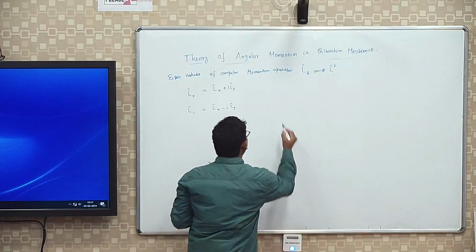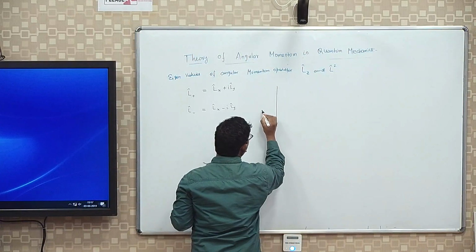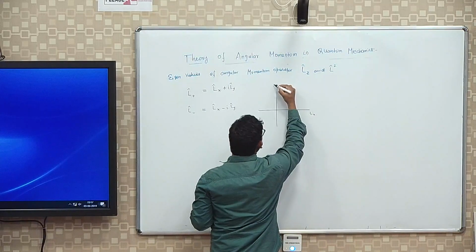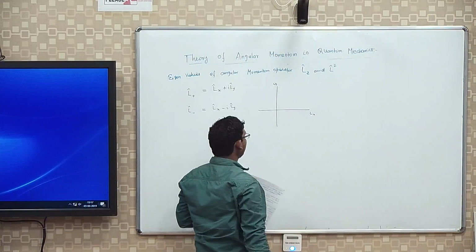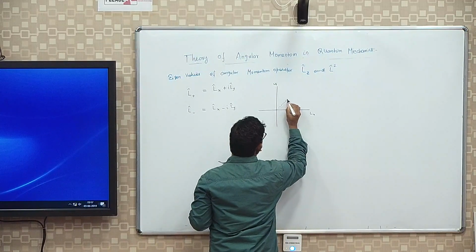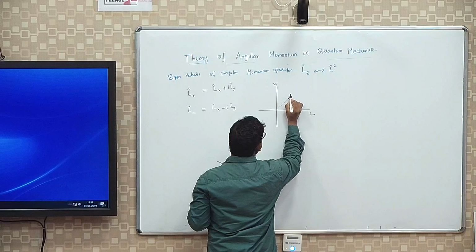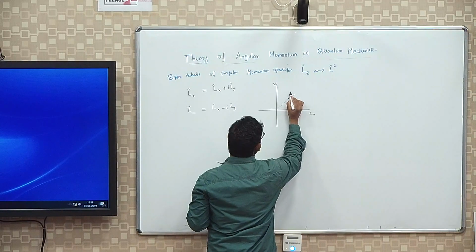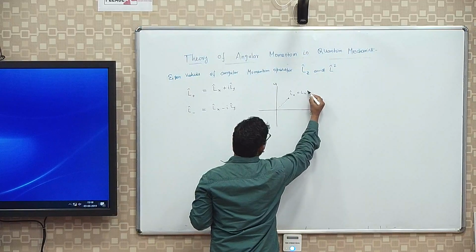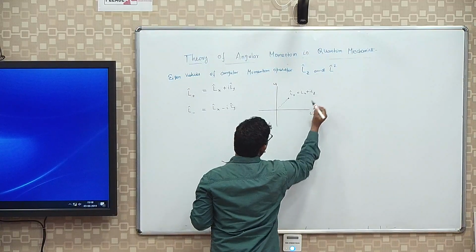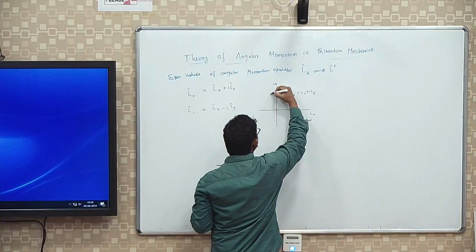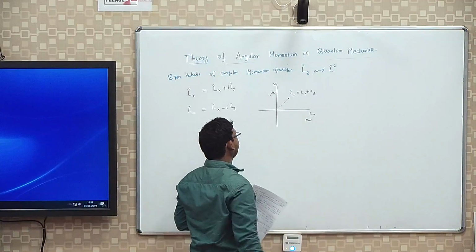Example, this is the Lx component and the Ly component, and this point is nothing but the L plus operator, Lx plus iLy. This is the real axis, this is the imaginary axis, if we take it.